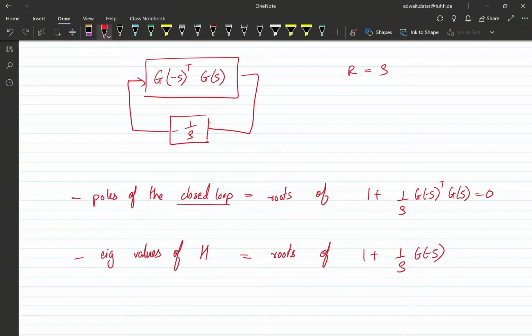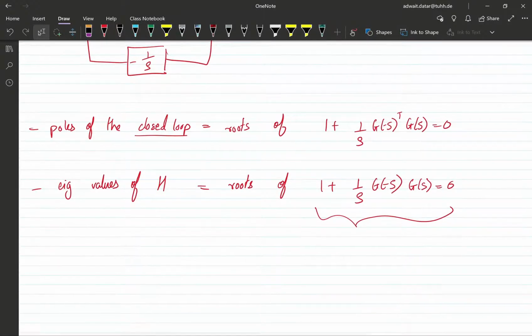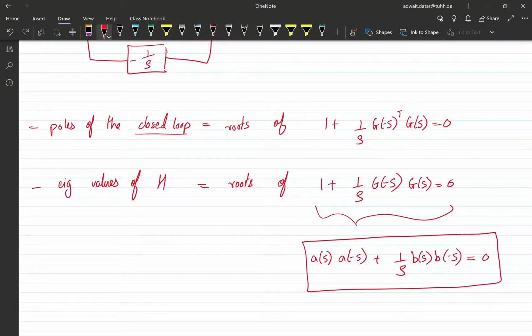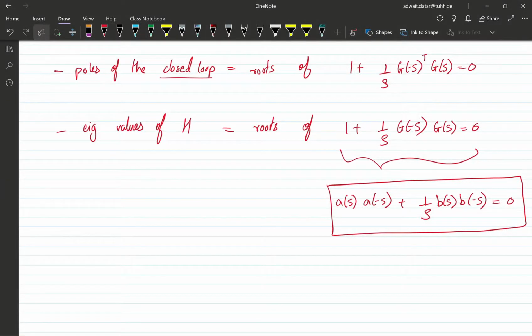Now because it's scalar, I omit the transpose, and this is nothing but the expression that we obtained from spectral factorization, which is A of s times A of minus s plus 1 over rho times P of s times P of minus s equal to 0. So that's also a way to observe how the spectral factorization result can be seen as coming from the Hamiltonian system.